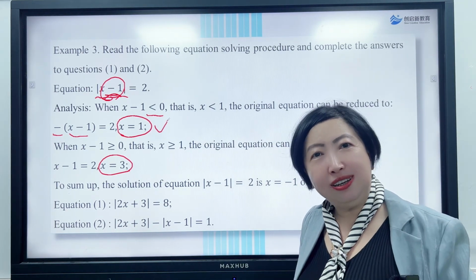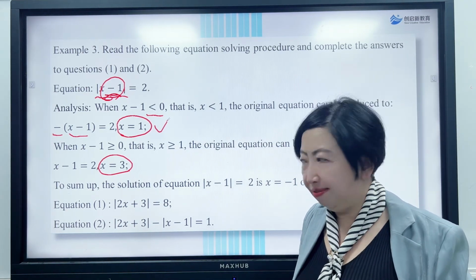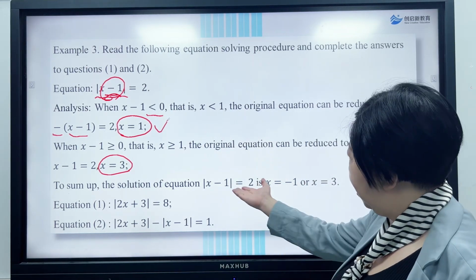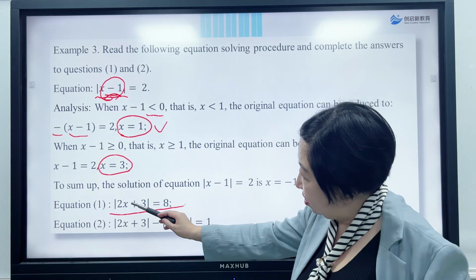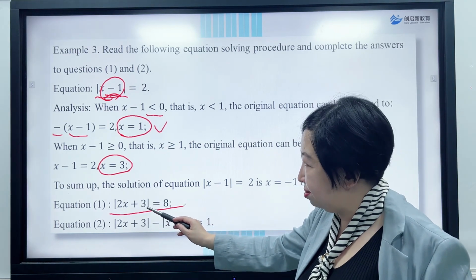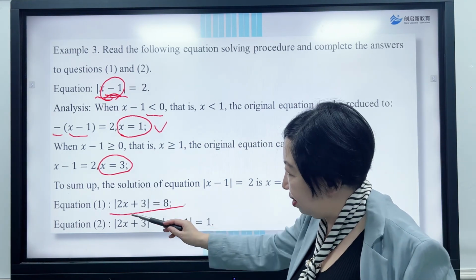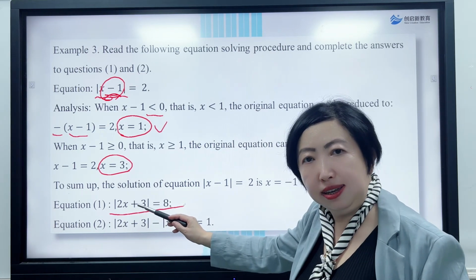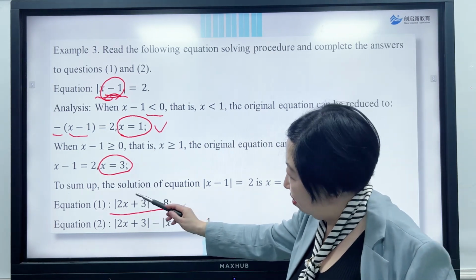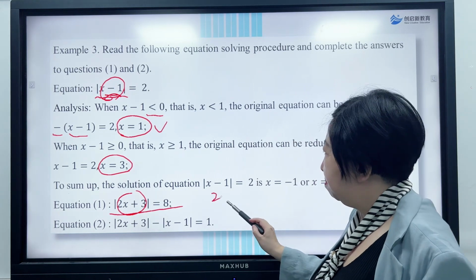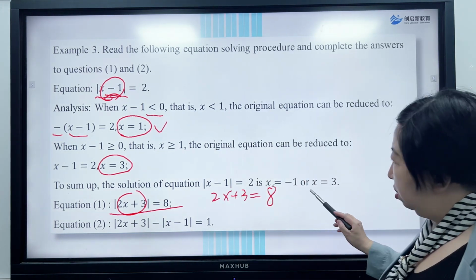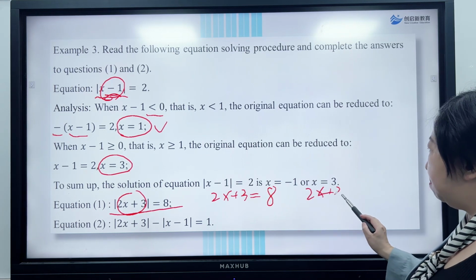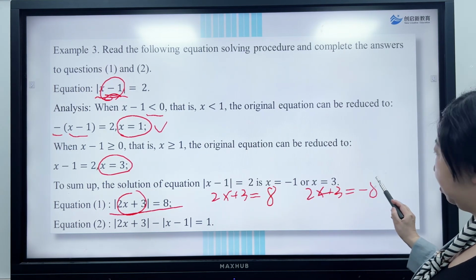Now an equation with the opposite value. The absolute value of 2x plus 3 equals 8. Of course, 2x plus 3 may equal 8, or 2x plus 3 may equal negative 8.